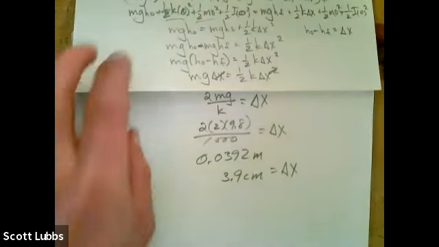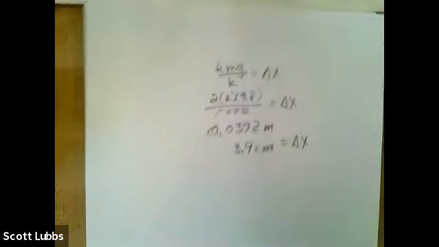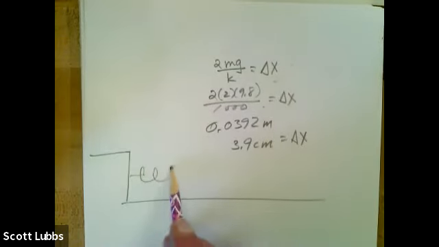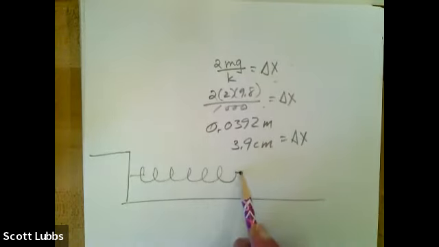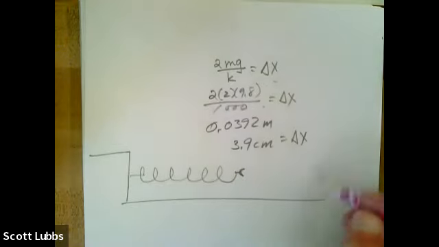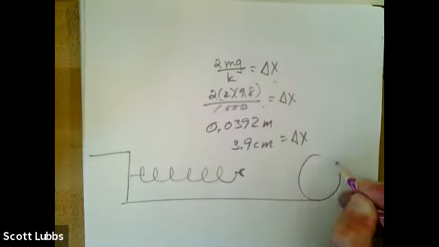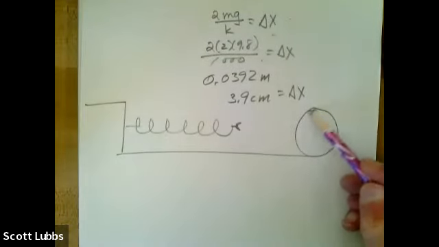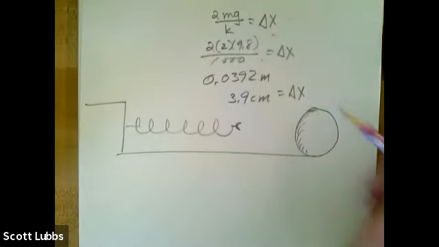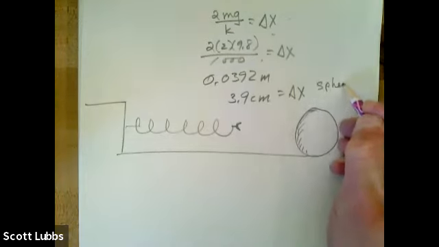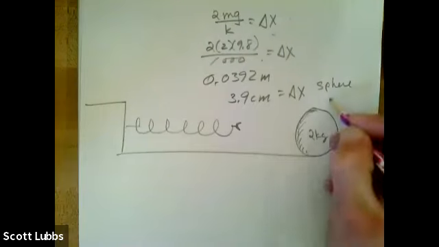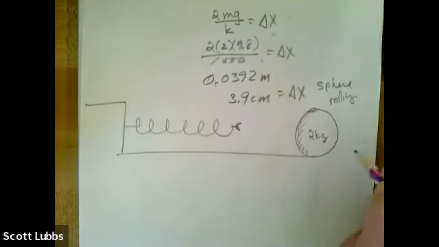All right. Let me go back to that other question where I said, what if it was rotating? I'm not going to solve it, but I am going to set it up. Here's a sphere, same mass, 2 kilograms, rolling.